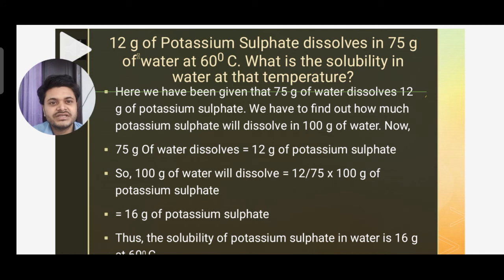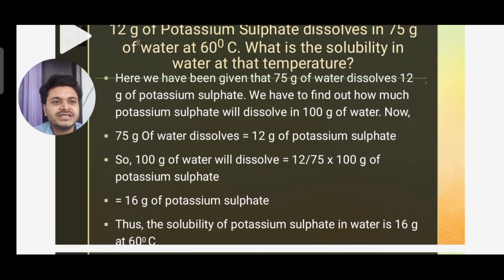Then 100 gram of water will dissolve what? We'll do it by the unitary method: 12 by 75 into 100 of potassium sulfate, that is 16 gram. Thus the solubility of potassium sulfate in water is 16 gram at 60 degrees Celsius. We have done this by the unitary method.